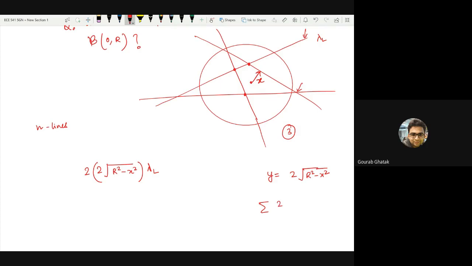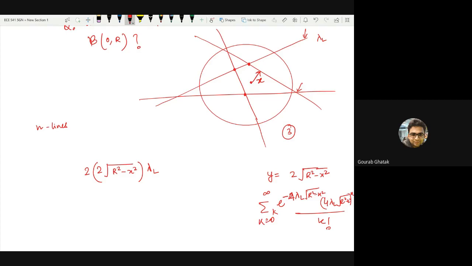It is e to the power minus 4 lambda L square root of r square minus x square, times 4 lambda L square root of r square minus x square to the power k, by k factorial, where k goes from 0 to infinity. You multiply by k and take the average value, which you did in the first or second class of this course.